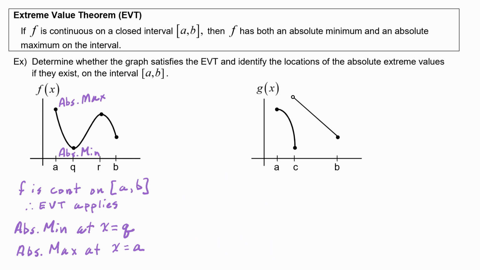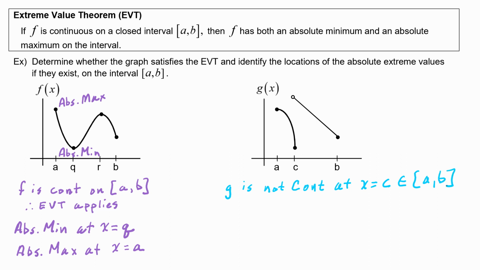We can see that on the interval from a to b, g of x is not continuous at x equals c. And x equals c lies on the interval from a to b.